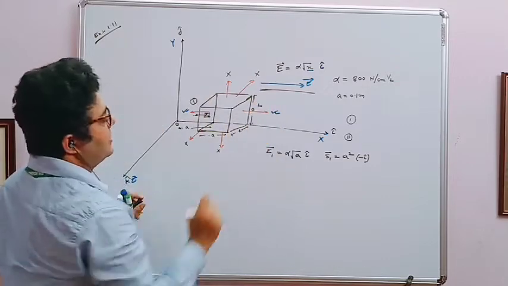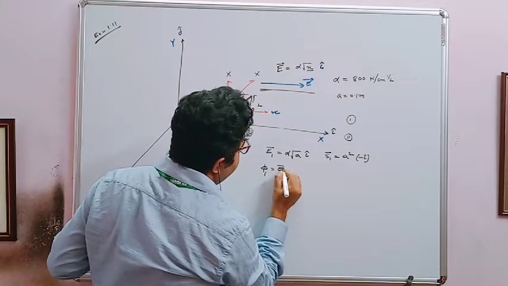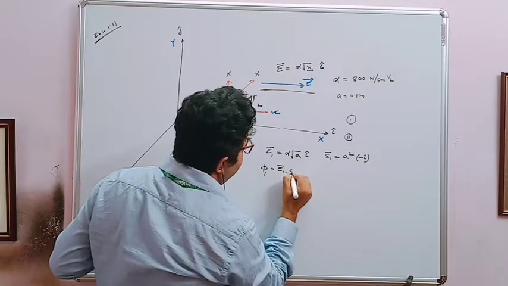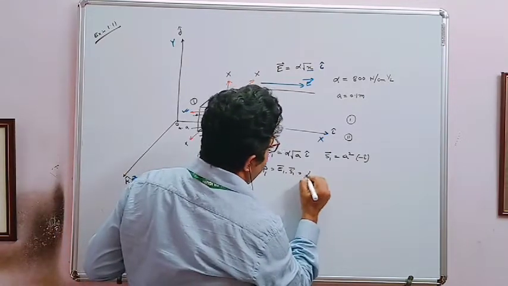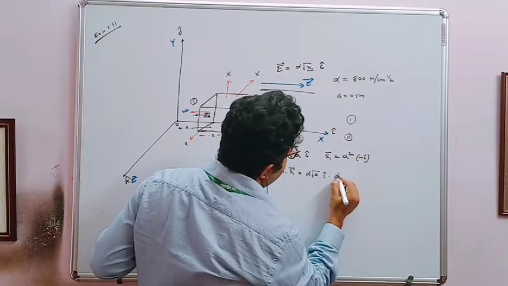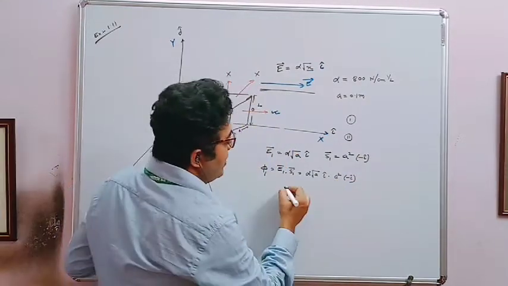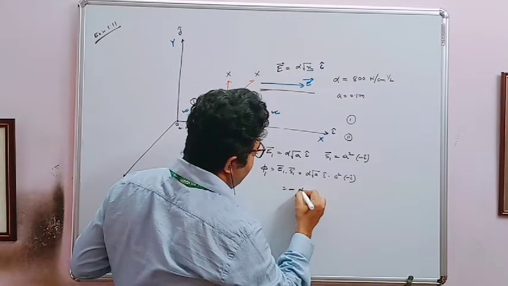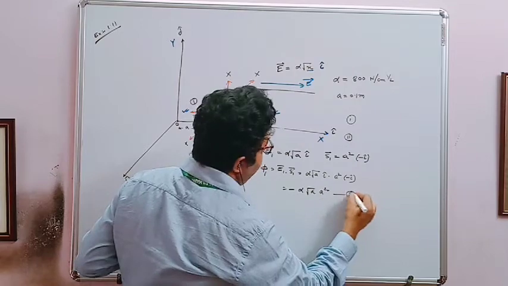So flux 1 is electric field 1 dot area vector 1, a dot product. So you have alpha root under a i dot a squared minus i, and we know i dot i is 1, and here you have minus, so your answer is minus alpha root a into a squared. This is your first flux.